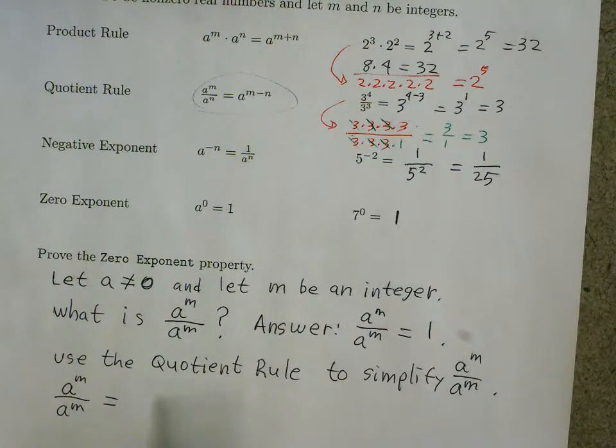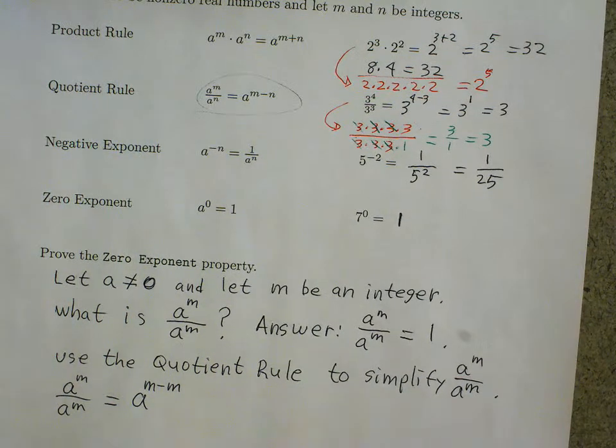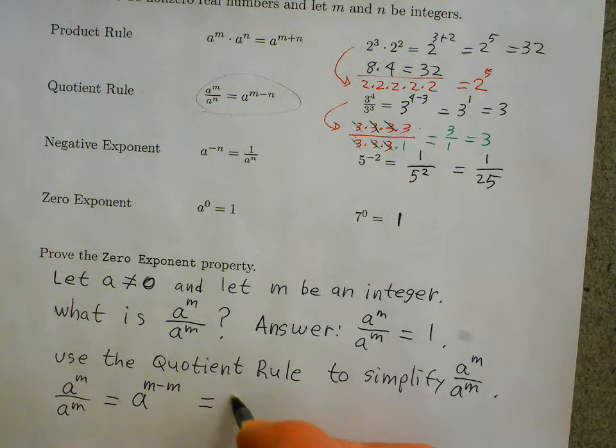So using the quotient rule, what's a to the m divided by a to the m? A to the m minus m. But we know from arithmetic that m minus m is 0. So we get a to the 0.